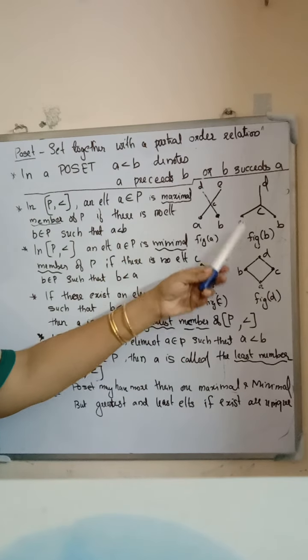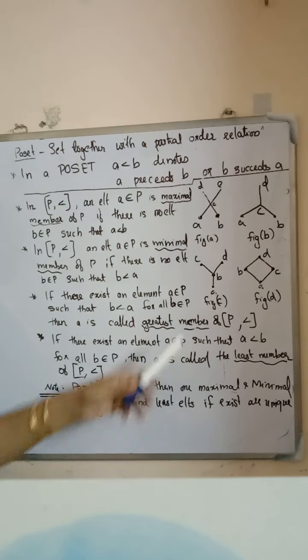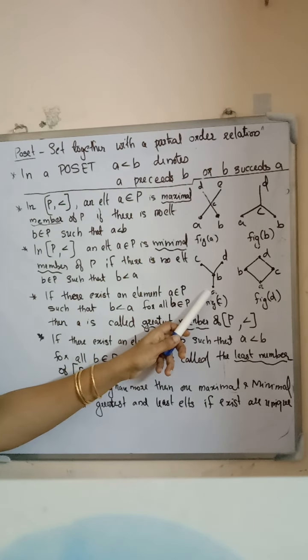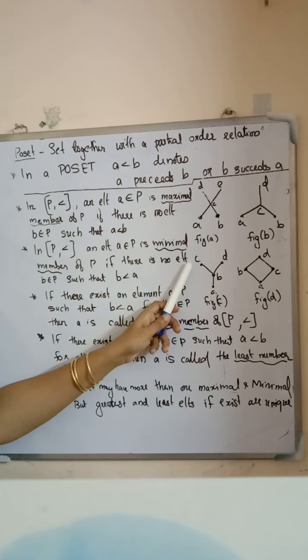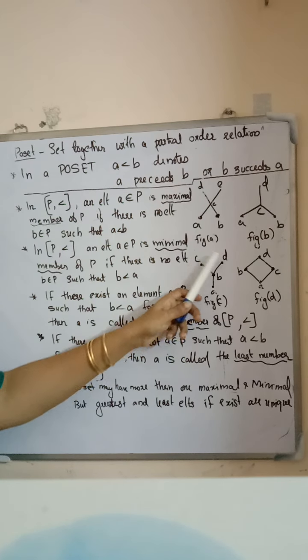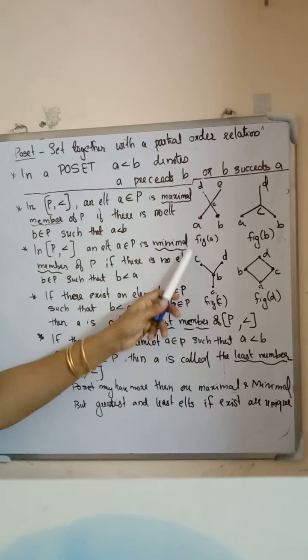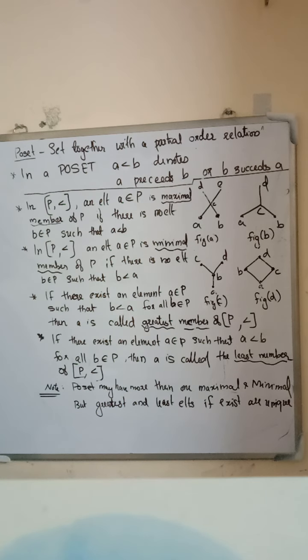In figure B also there is no least member. In figure C, A is the least member because the other elements B, C, D are greater than A. Therefore, A is the least member.